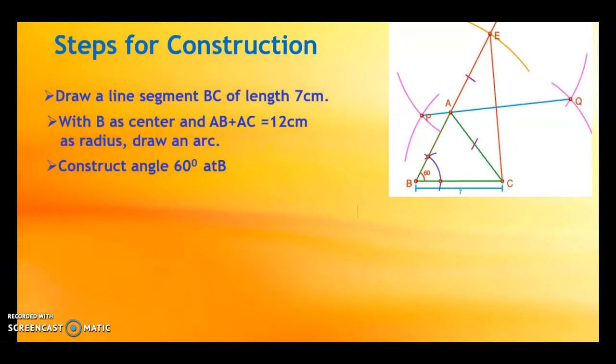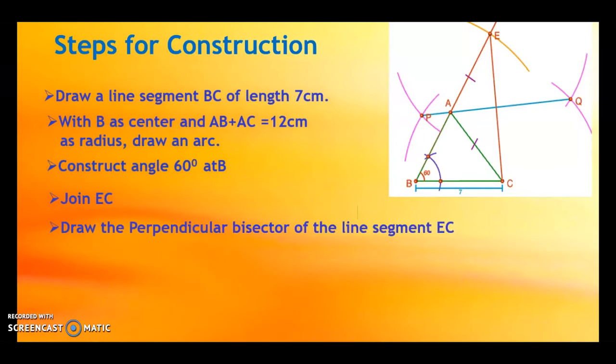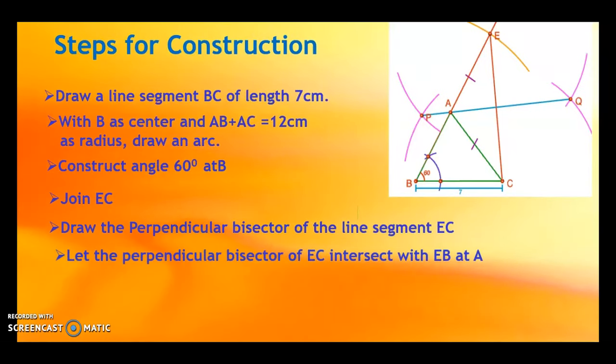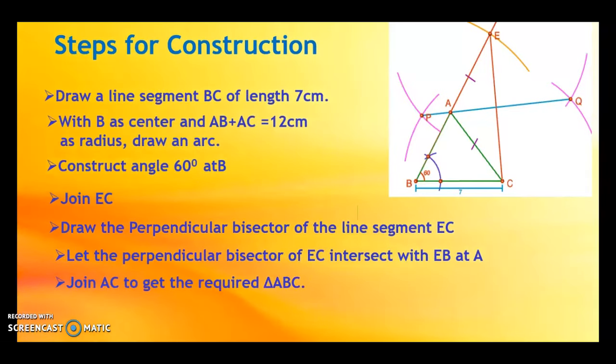Then construct angle 60 degrees at B. Now join EC. Draw the perpendicular bisector of the line segment EC. Let the perpendicular bisector of EC intersect EB at A. Join AC to get the required triangle ABC. That's how this special case has to be constructed.